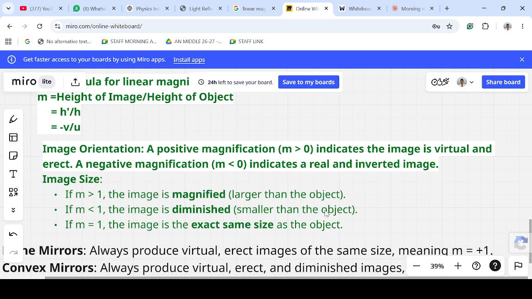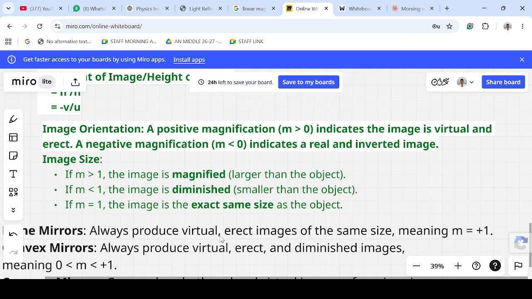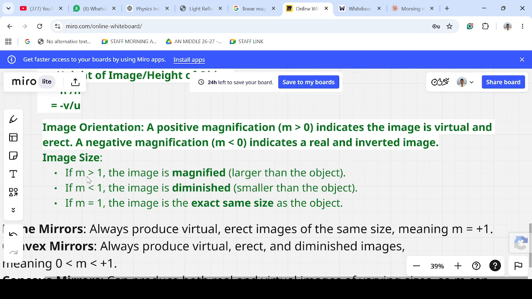Negative magnification means m will be less than 0, and it will indicate a real and inverted image. Regarding the size, if the magnitude of m is greater than 1, the image is magnified, larger than the object. If it is less than 1, the image is diminished, smaller than the object. If m is equal to 1, the image is exactly the same size as the object.